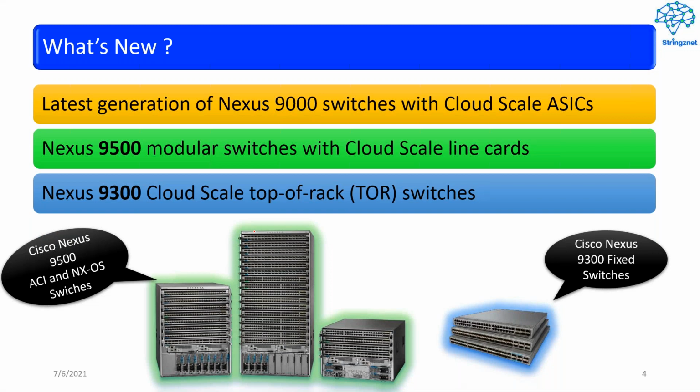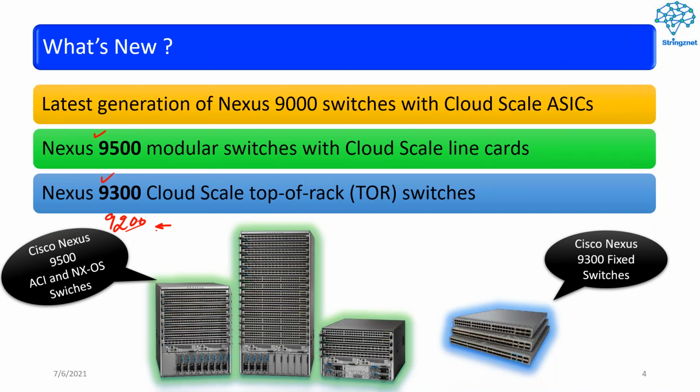When it comes to Nexus 9000, for the purpose of application centric infrastructure, dear friends, there are two main models, 9500 and 9300. There is another model called 9200 and some other models probably are there. The 9200 model is not used for the purpose of application centric infrastructure.